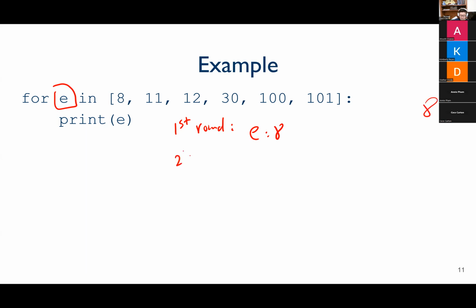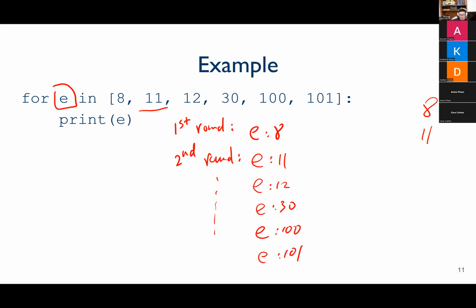In the next round, E would take the second value of the list, E would be 11. Then you say print E, just print out 11. As you can imagine, as you go through different rounds, E would take different values. These are the classes that in general you would take after you finish 8A. So you're going to print out all these values. Are there any questions about this?